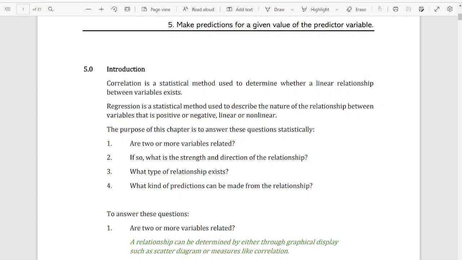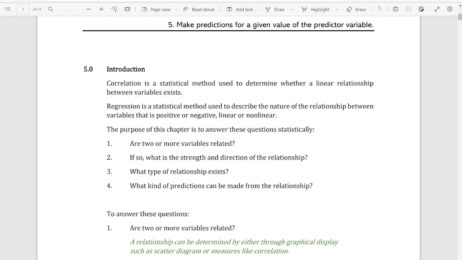So, bila kita katakan correlation analysis, kita hanya melihat sama ada sekiranya kita ada dua pemboleh ubah. So, in this case, kita consider hanya dua pemboleh ubah saja. Sebab tu dia punya tajuk chapter ni adalah Bivariate Analysis. So when we talk about bivariate analysis, it deals with only two variables. Okay, kita hanya melibatkan dua pemboleh ubah sahaja.